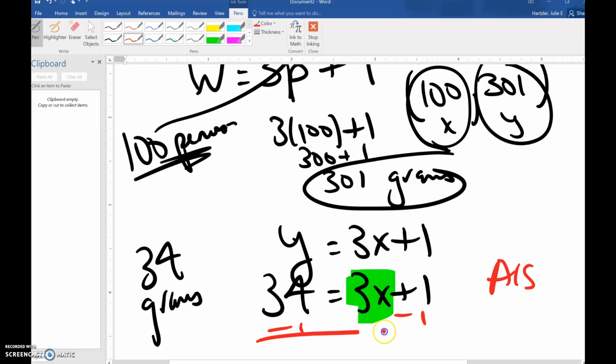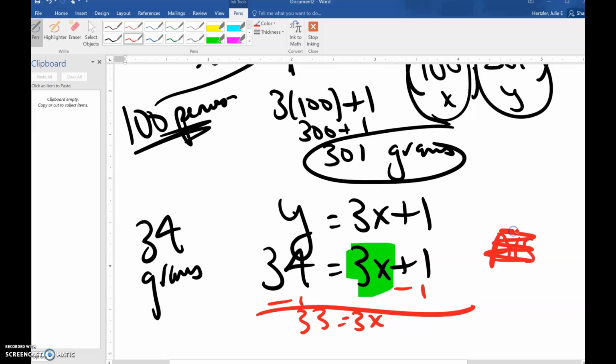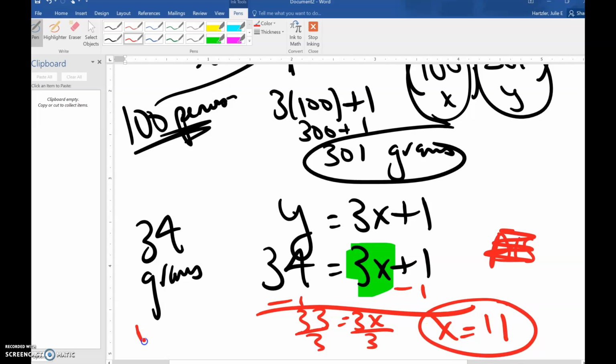So get your numbers on one side. Okay, and then when you do that, all the add and subtract is gone now. So now you can multiply or divide. So to get rid of multiplying by 3, divide. So x equals 11. So an input of 11 pennies is going to give you an output of that gram.